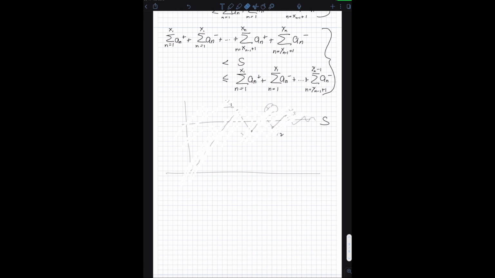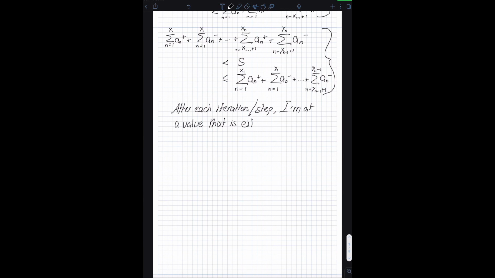Okay, so now that I've found the general iteration, let's see what I can do next. The idea is just to recognize the following. Notice that after each iteration, I'm at a value that is either slightly less than s, or slightly more than s.